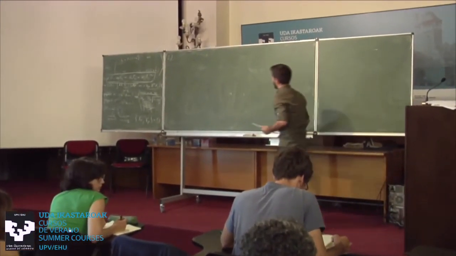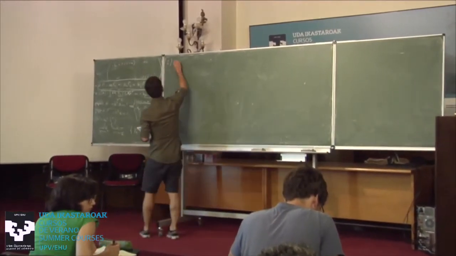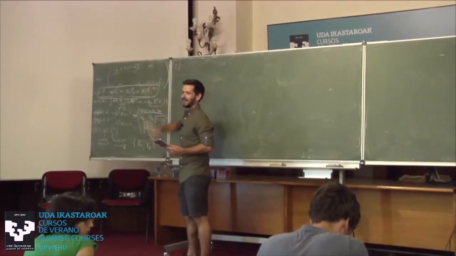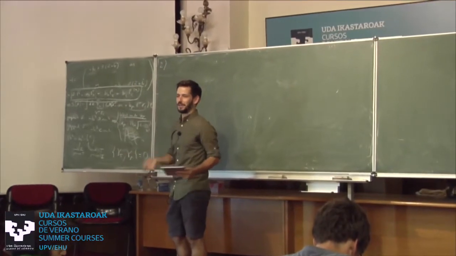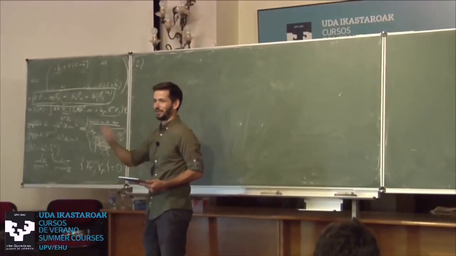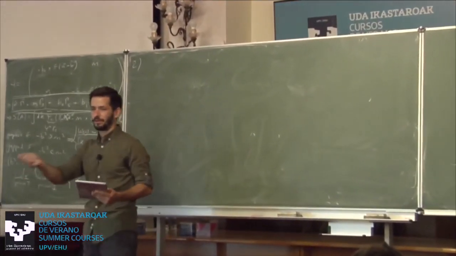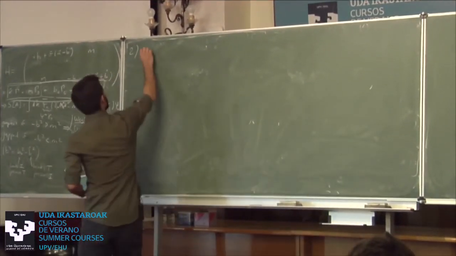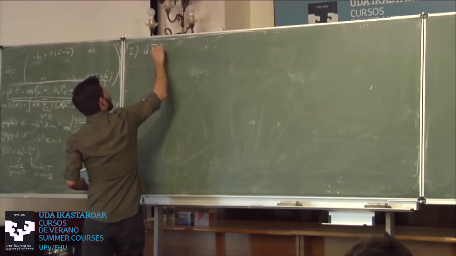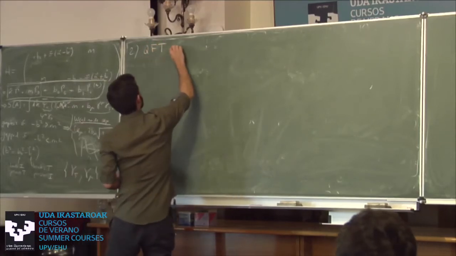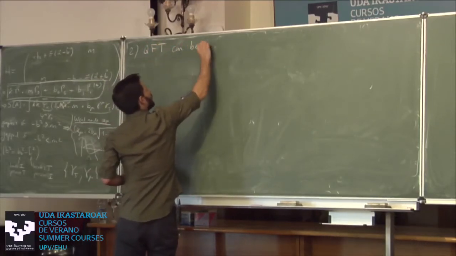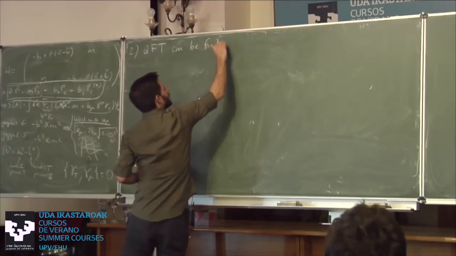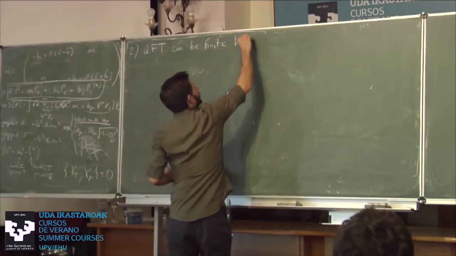As I was saying, it looks like if I give you a low energy theory and I ask you what's the conductivity, you should give me a straight answer. You go to your many body book or whatever, and you just calculate it and give me an answer. Turns out it's not that simple sometimes. So quantum field theories can be finite but undetermined.